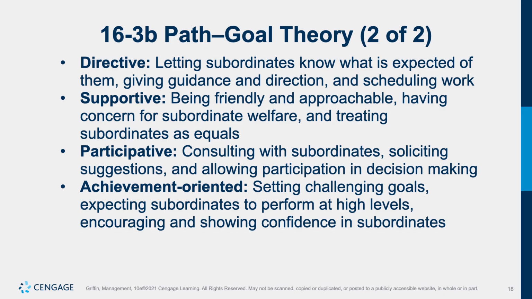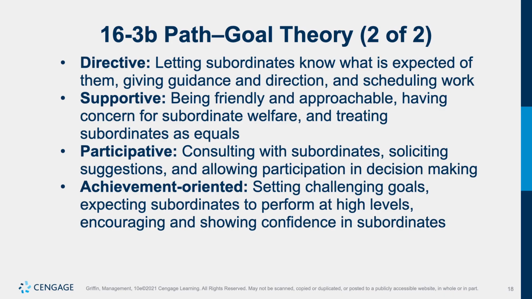The supportive leader behavior is when the leader is being friendly and approachable, having concern for their subordinates' welfare, and treating subordinates as equals. Now, the participative leader behavior will be such that the leader consults with the subordinates, soliciting suggestions from them and allowing participation in decision making.